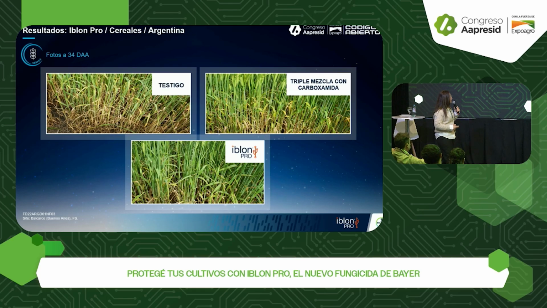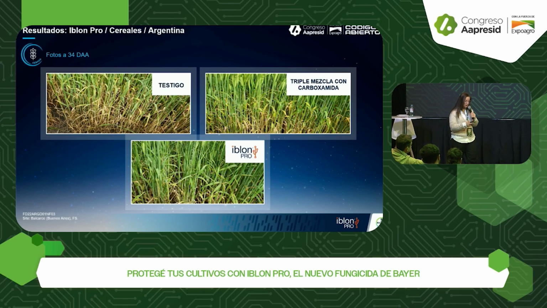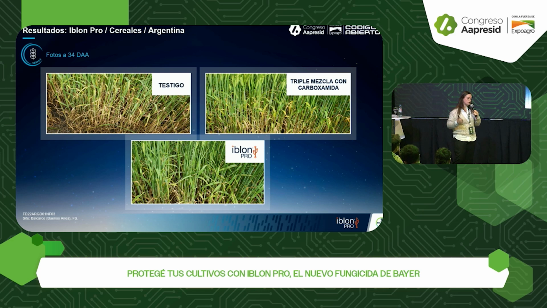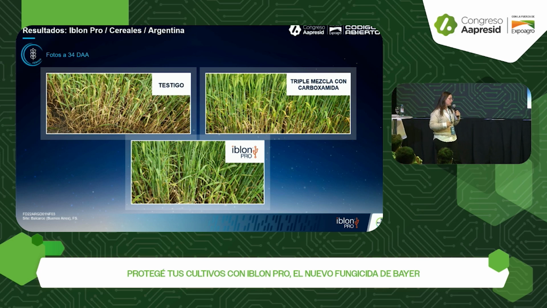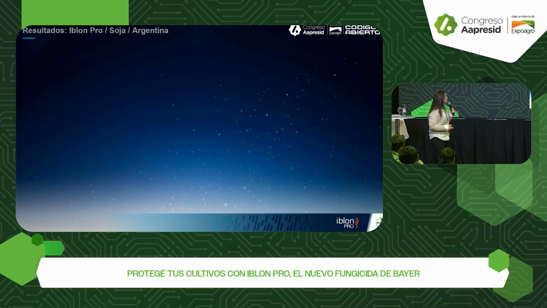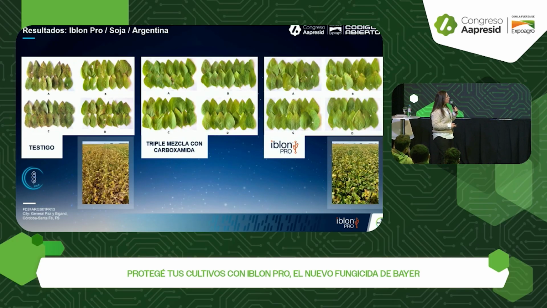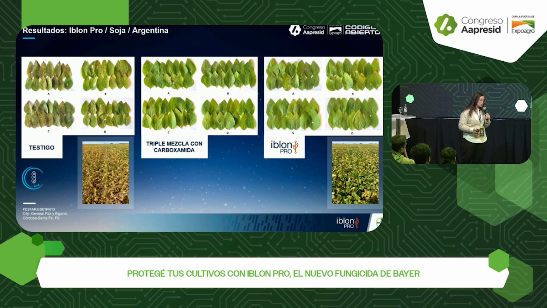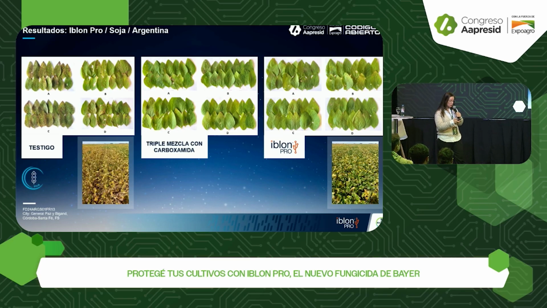34 days after application, Iblon Pro effect is quite clear, and I will share hard data with you rather than pictures about disease control. This is soybean, 350 cubic centimeters.